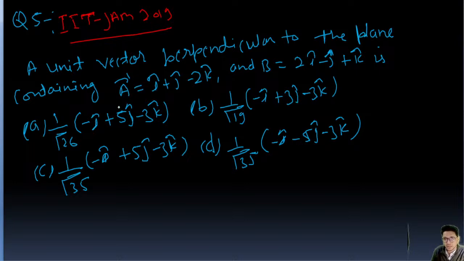That is 0. So suppose there's a unit vector n cap, then n cap dot a vector should be 0, and n cap dot b vector should be 0, because n is perpendicular to these two vectors, and the dot product is cos theta. Cos theta is 90, so their dot product should be 0. So we'll check option by option.